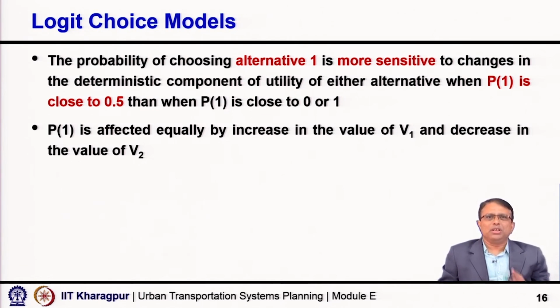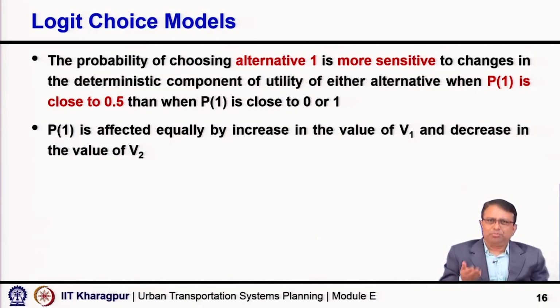Now, as I said, the probability of choosing alternative 1 is more sensitive to a change in the deterministic component of utility of either alternative when P1 is close to 0.5 than when P1 is close to 0 or 1. Obviously, a very insignificant change will happen when it is close to 0 or 1. The maximum will happen when it is 0.5, and I explained why it is so, and why it matches the real behavior. P1 is affected equally by an increase in the value of V1 and a decrease in the value of V2.